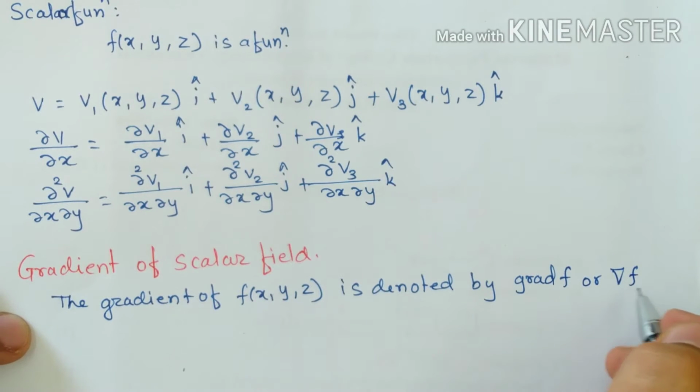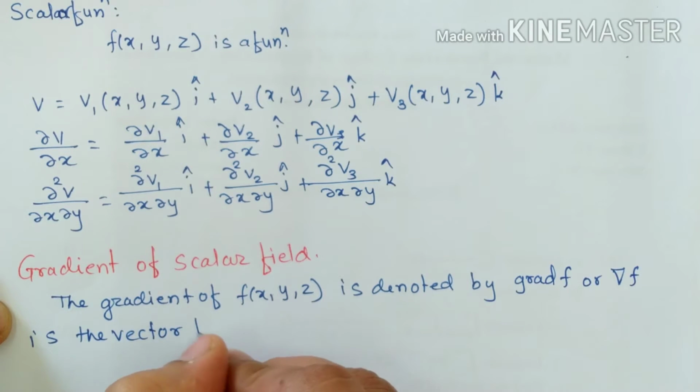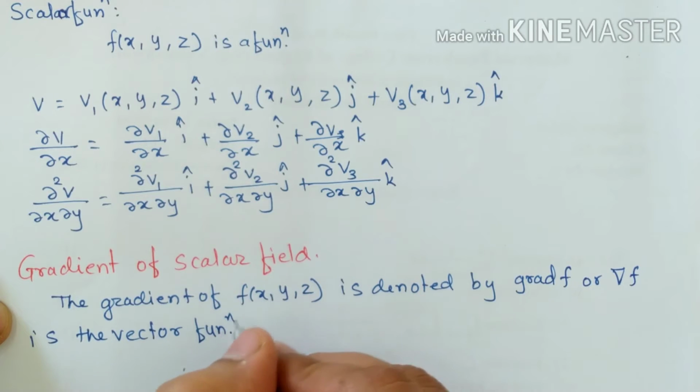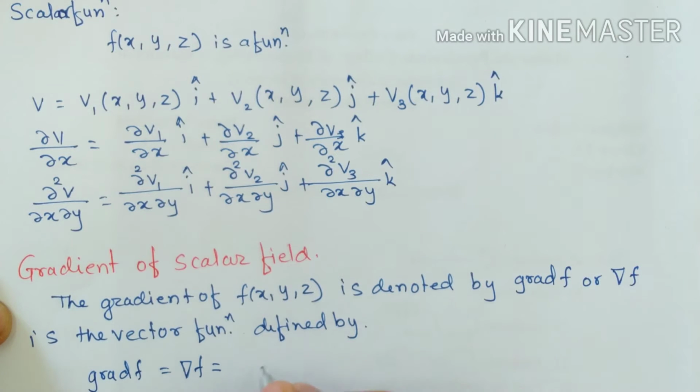Some users may read this as nabla f. The gradient of f is a vector function. That is very important: the gradient of a scalar field is always a vector function, and it is defined by gradient of f is equal to del f is equal to del f by del x into i cap plus del f by del y into j cap plus del f by del z into k cap.